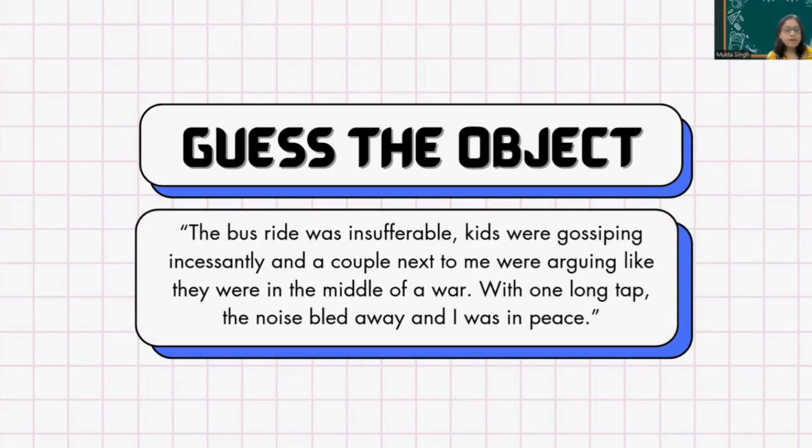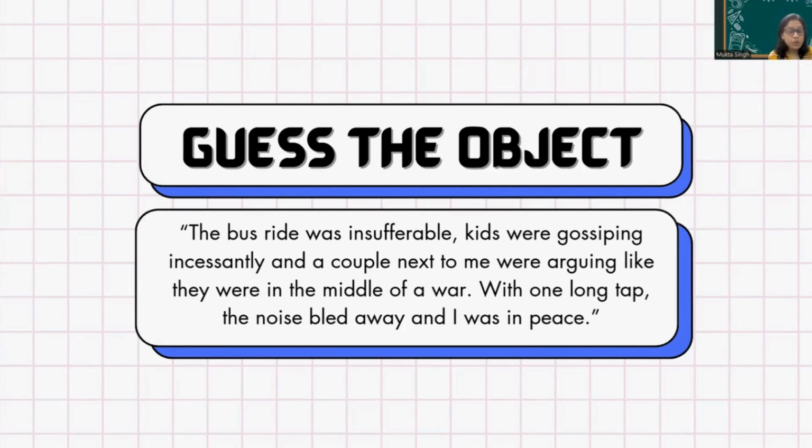Next, the bus ride was insufferable. Kids were gossiping incessantly, and a couple next to me were arguing like they were in the middle of a war. Now, all this description clearly makes us imagine the sounds the person is getting when he's sitting on the bus. And what he says next: with one long tap, the noise bled away, and I was in peace.